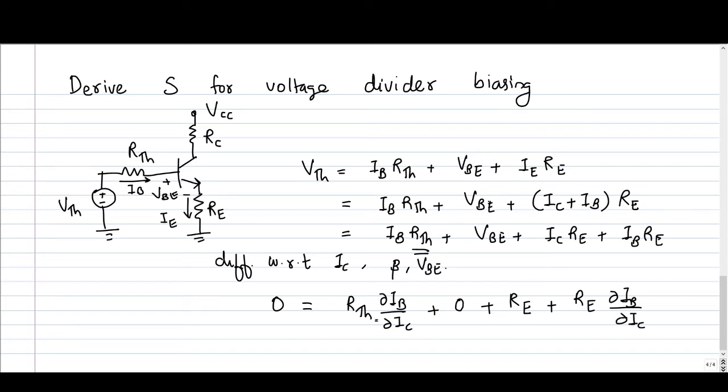Now you can rearrange this equation and get an expression for dou IB by dou IC. Dou IB by dou IC into RTH plus RE is equal to, taking this to the left side, minus RE. So dou IB by dou IC is minus RE by RTH plus RE.